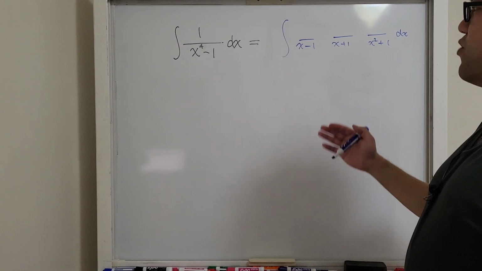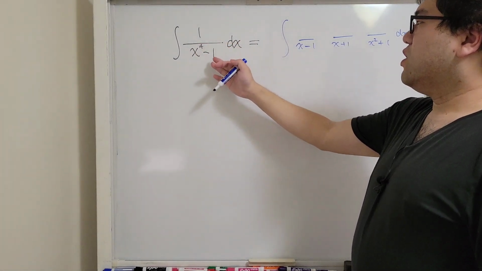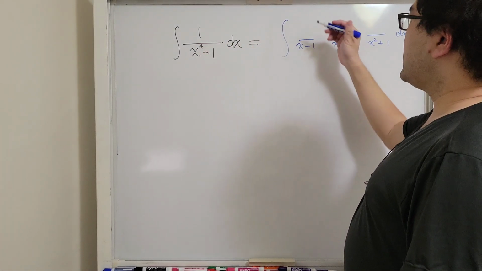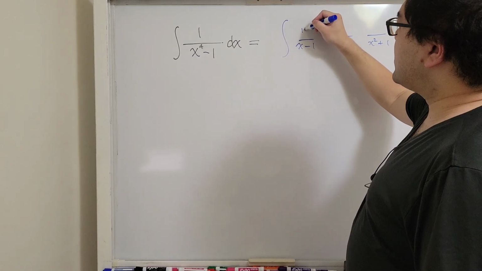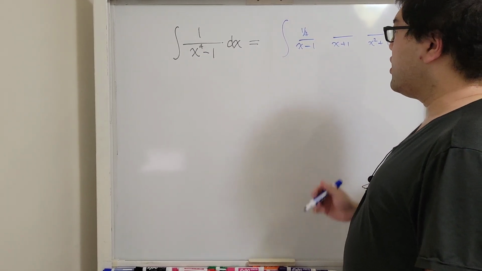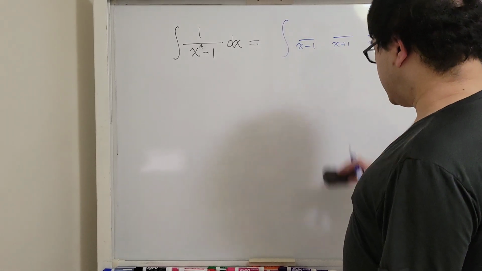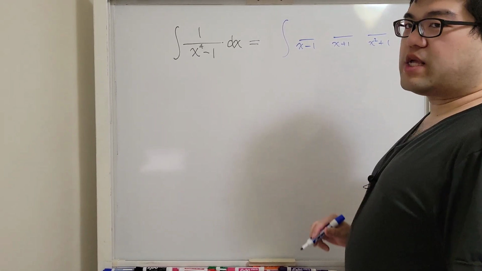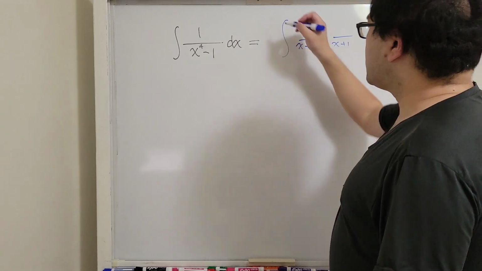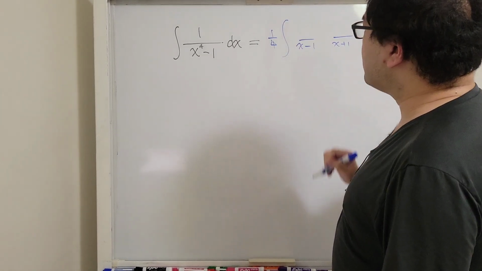And if we try to see what we should do, we can guess that the coefficient of the first term is 1 over 4. And in fact, everything will just be 1 over 4 times some other constants, just like what we see in the last part. So we can get the 1 over 4 outside.